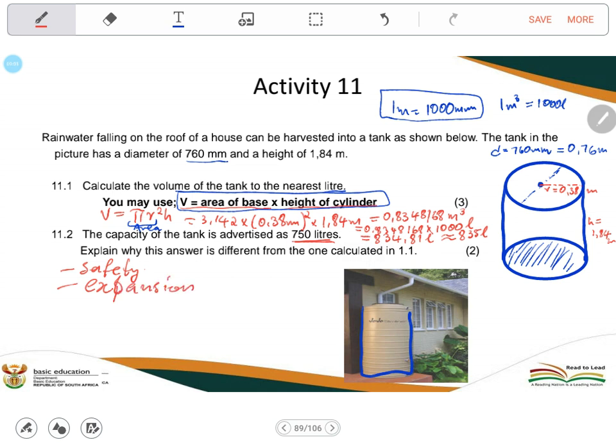So you know that if you fill a bottle to the maximum and you put it into a deep freezer, if the water inside freezes, then it expands and then it breaks the container. There could be air or air bubbles or air that is produced.